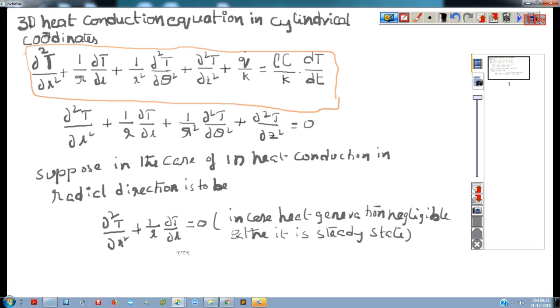Okay, so this is the equation, or I can write it in a simpler form. This is equal to dou by dou r into r dou T by dou r. Okay, so you can remember this.